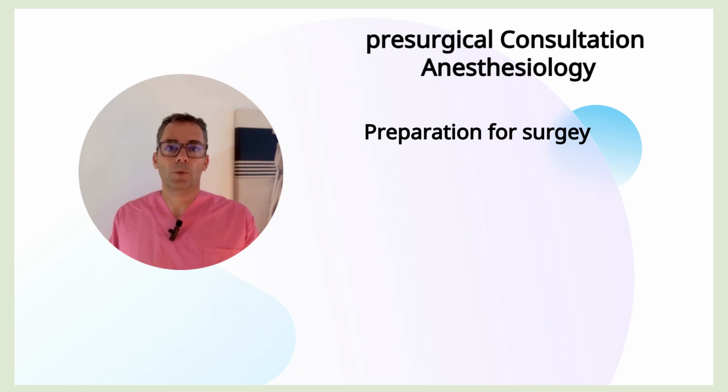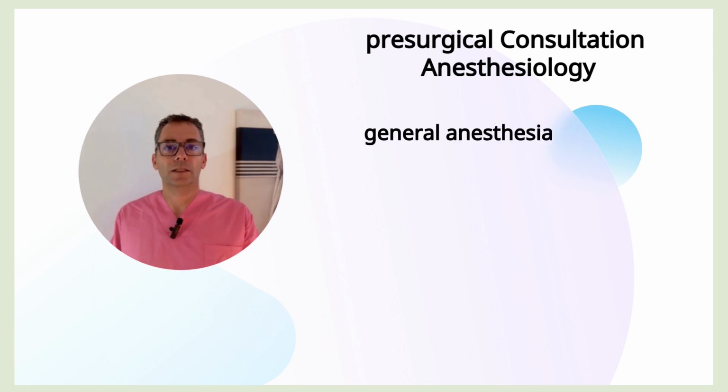There, we will provide you with an infusion access, through which we can give you fluids and medication during the procedure. If you get general anesthesia, then we inject a medication through the infusion access, which will put you to sleep. You will be monitored and ventilated during surgery, but you won't notice anything.